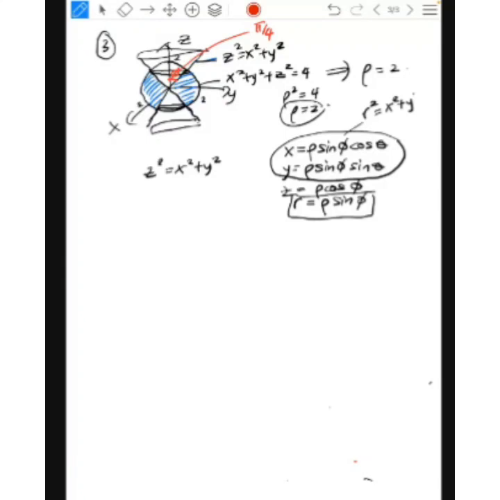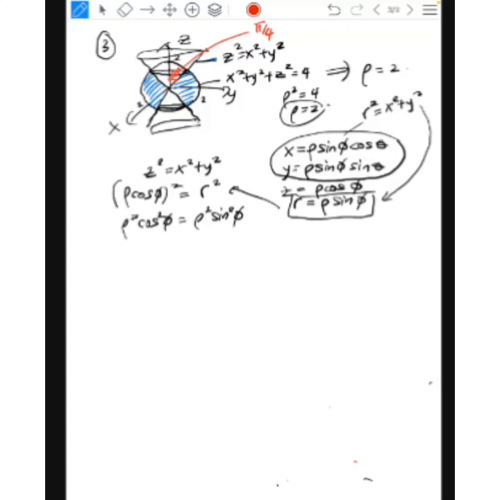Bila you square x and y and add them, you'll get r equals rho sine phi. So in which r equals rho sine phi kan. So kat sini z akan jadi rho cos phi, squared, equals this is r squared. So rho squared cos squared phi equals, r squared tadi apa? R squared adalah rho squared sine squared phi.